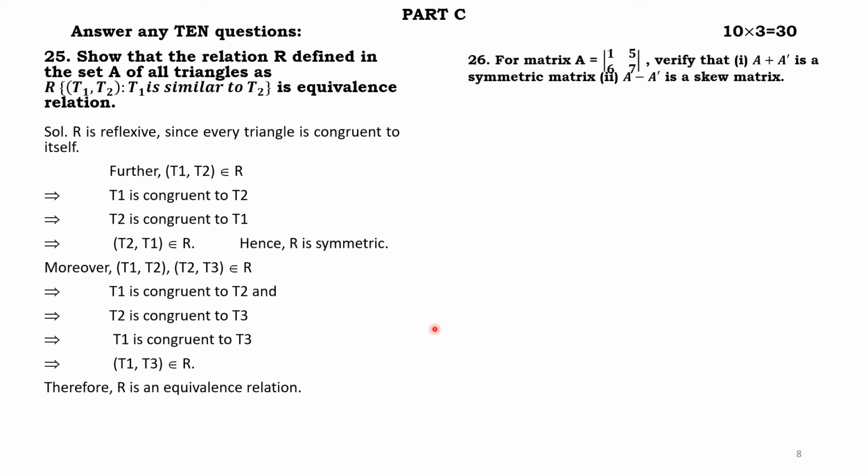Question number 26. For matrix A = [1, 5; 6, 7], verify that part 1, A plus A dash is a symmetric matrix, and part 2, A minus A dash is a skew matrix.